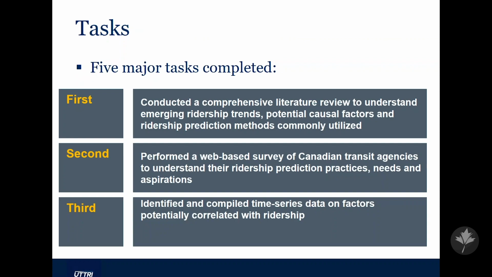Then we embarked on an effort to collect very detailed time series data on various potential factors that are potentially correlated with ridership. And we've done this for all transit agencies across Canada, so it was a major undertaking.